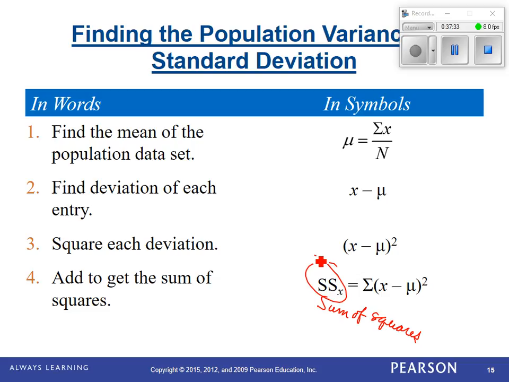This is another one of those where we're going to make a big chart, sort of like the charts that we made before, except this time it's going to look more like this. This is going to be your x's. Once we find all the x's down here, we're going to add them all up.